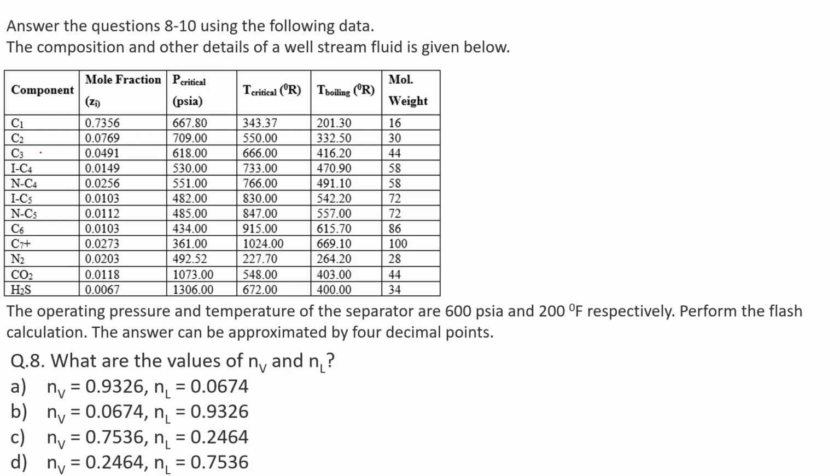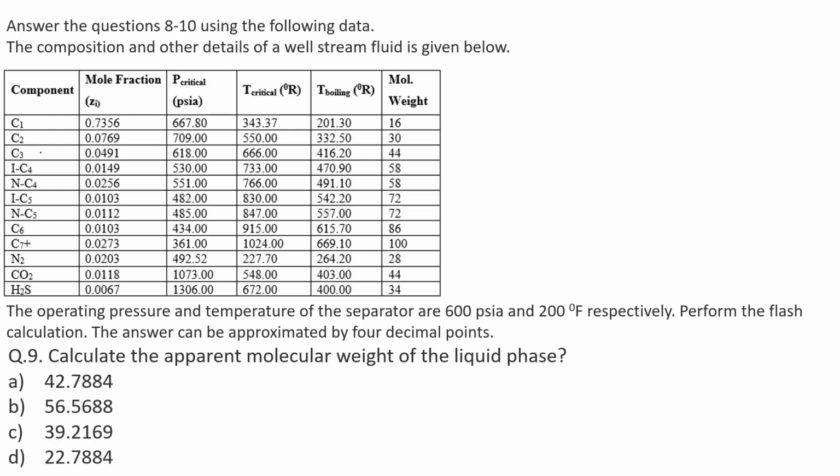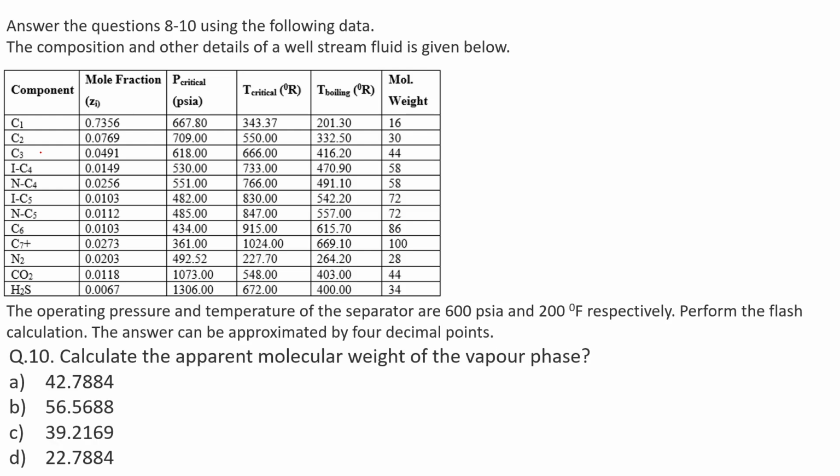The composition and the critical temperature, pressure and boiling temperature, all these values are given to us. Now here we have to perform the flash calculation, and from that we have to find the values of Nv, Nl, the apparent molecular weight of the liquid phase and the apparent molecular weight of the vapor phase. So these three questions are related to this data.